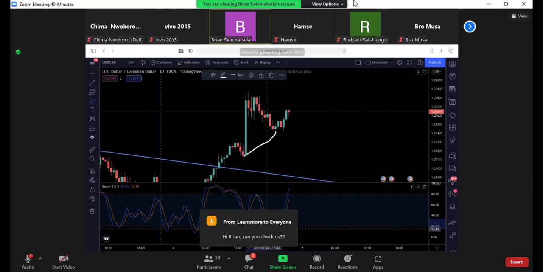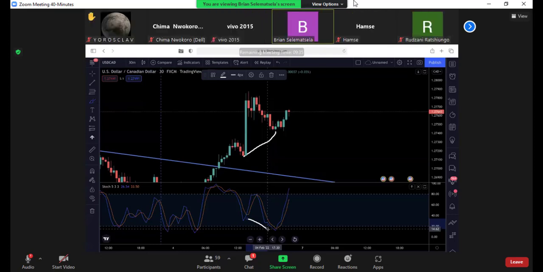USD CAD is because of all the pairs that have USD on the left hand side. Your USD ZAR, USD CAD, USD JPY, every pair that has USD on the left hand side, it's on a buy. How do we know that?